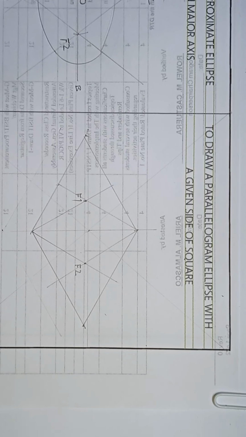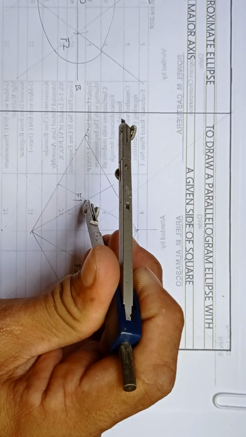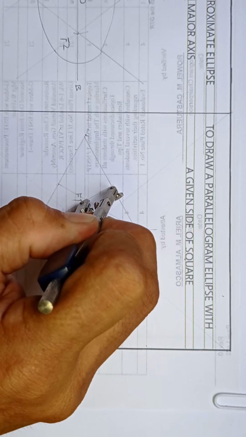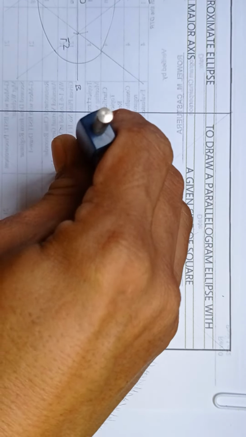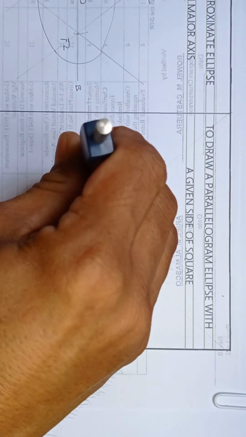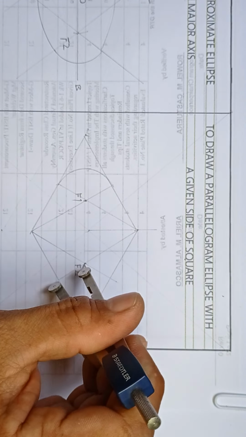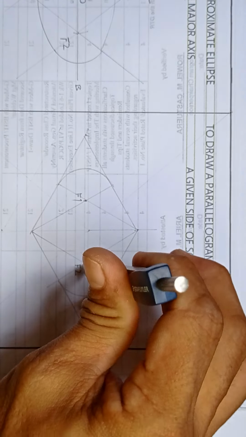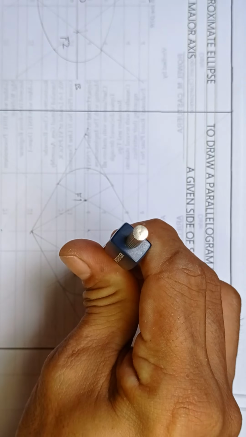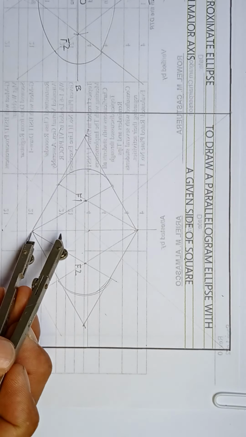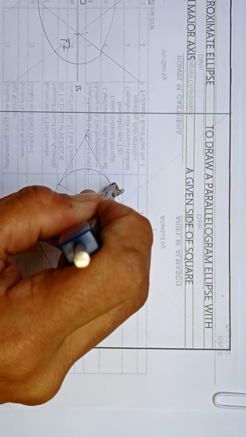So using your compass, draw an arc from foci 1 with this small arc. Siya na po ang pinakamaitim dyan sa figure. And then, using this point, adjust your compass towards this arc.